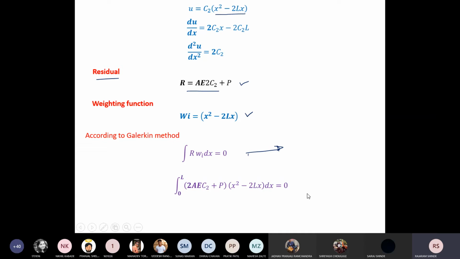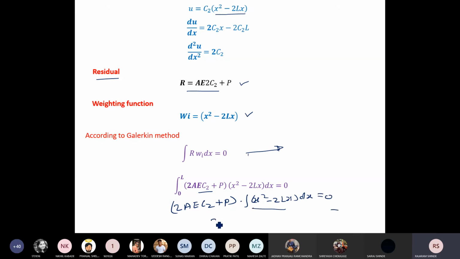Now I will take the term out of the integration. I will write here 2AE C2 plus P into the integration of x square minus 2lx dx, and this is equal to 0. Now I will take this term on the right side.